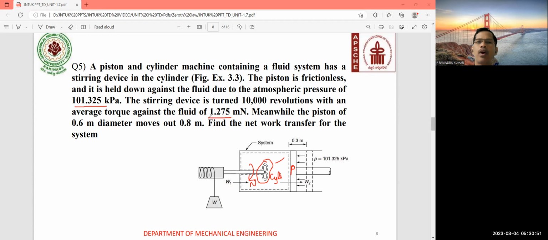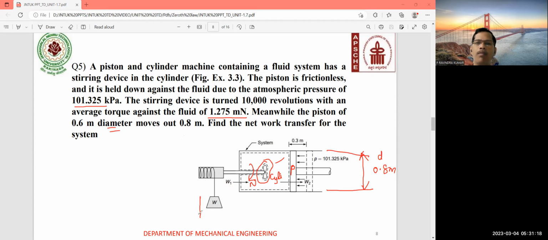The torque is 1.275 meter Newton. Meanwhile, the piston diameter is given as 0.8 meter. Find the net work transfer for the system.